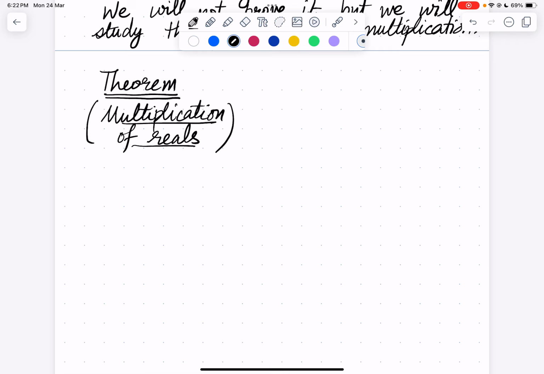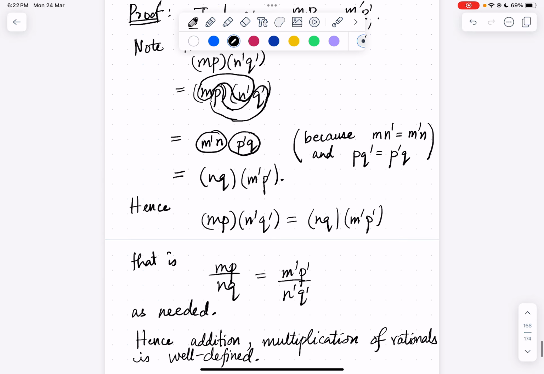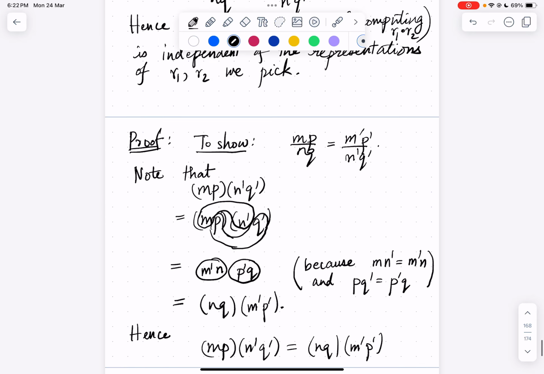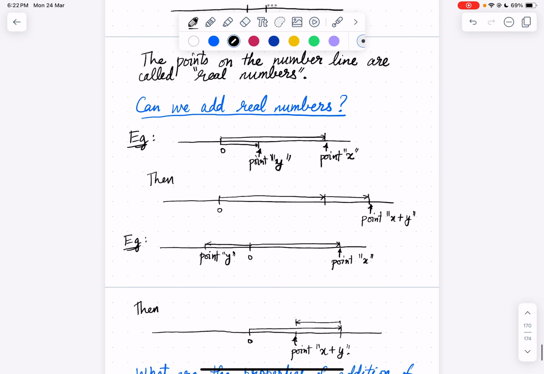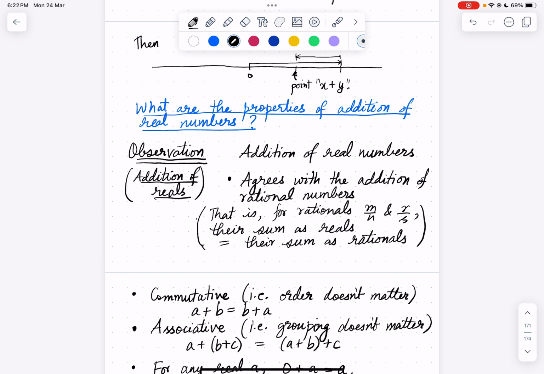For rational numbers, the multiplication was easy. You just define m by n times r by s as mr by ns, and we showed that it is independent of the representation of the rational numbers and so on. So multiplying rational numbers is easy, but can you extend the multiplication of rational numbers in a natural way to multiplying any two points on the number line, that is, any two real numbers?